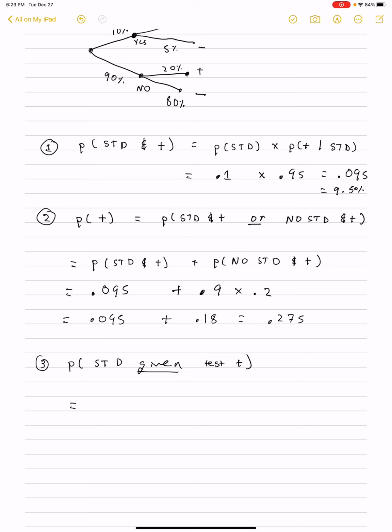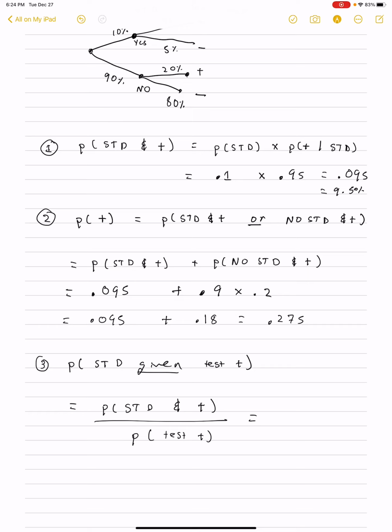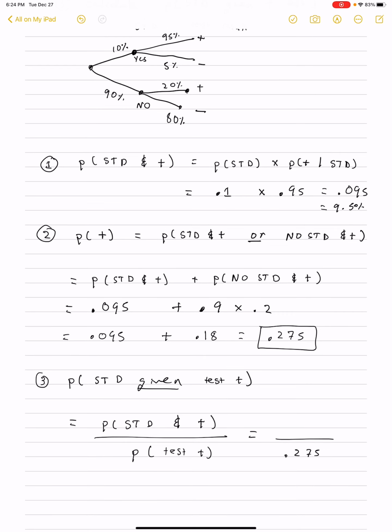Okay, so we're going to use the conditional probability formula. This will be the probability of STD and positive divided by the probability of the given information, which is that the test is positive. How convenient that we calculated the probability the test is positive before. That's 0.275. We also calculated the probability of STD and positive.